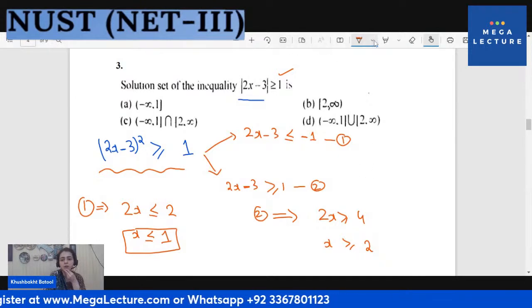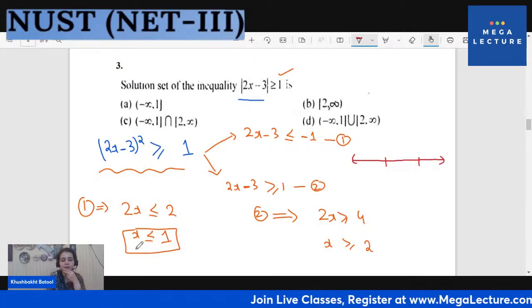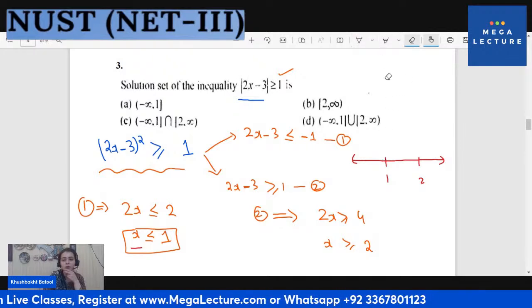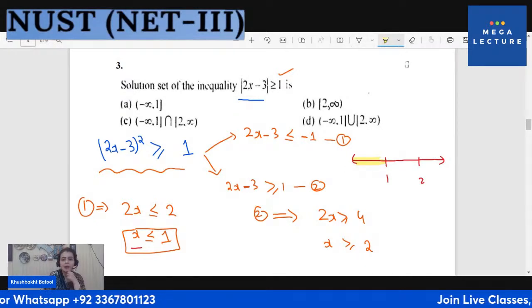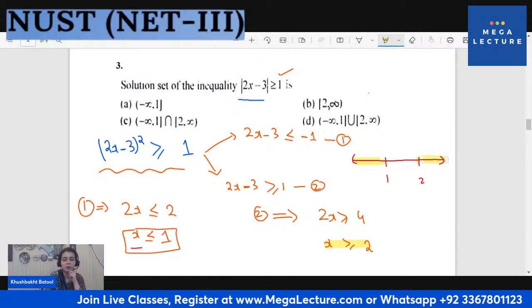If I explain this on a number line, this is 1 and this is 2. X is less than 1, so we are talking about all these points till minus infinity. And for this solution, here we have x greater than or equal to 2, so we would be talking about all of these.